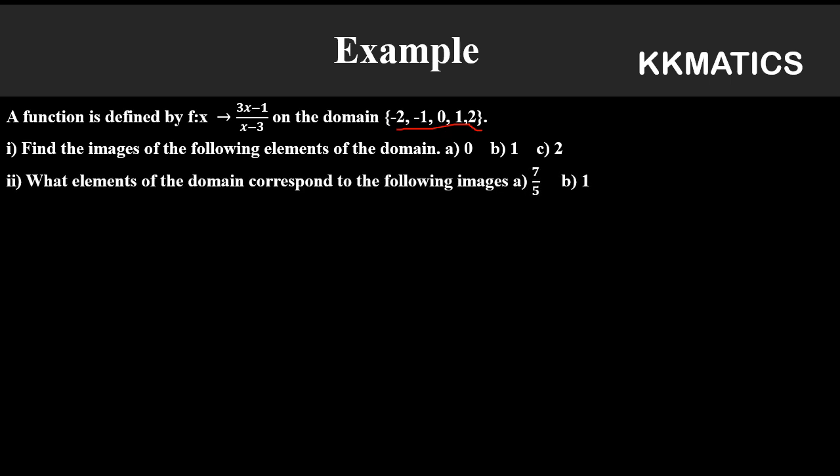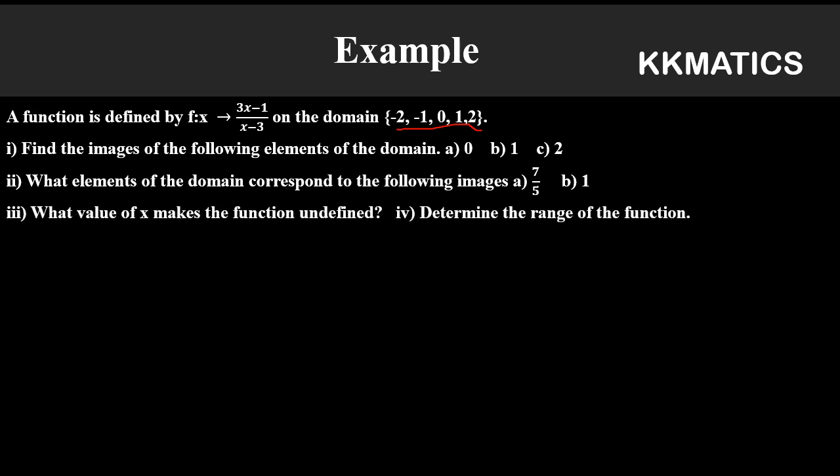Now the next question is, what element of the domain corresponds to the following images? Since we've been given a different domain here, we do have our function, so we could plug the value in there and it will give us the image of this value. What value of x makes the function undefined?